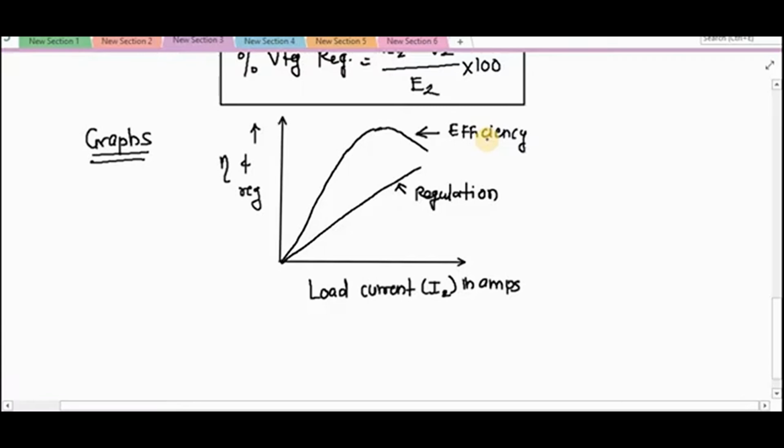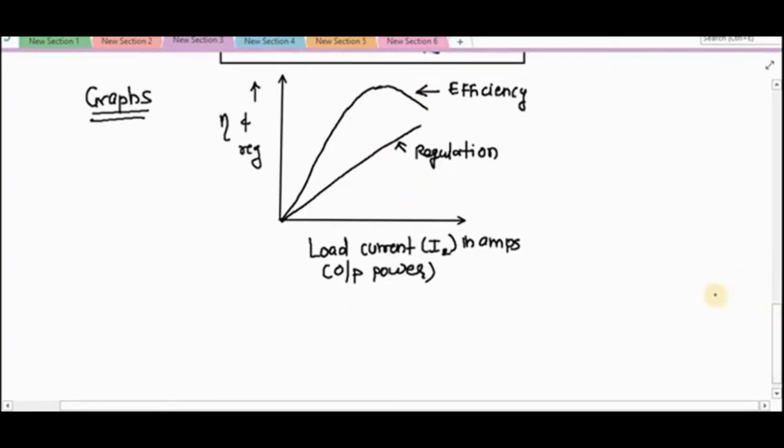So from the results obtained, we have to plot the curves for efficiency and regulation against the load current, or you can take the output power here. Then the efficiency and regulation at any desired load condition we can find out from these curves.